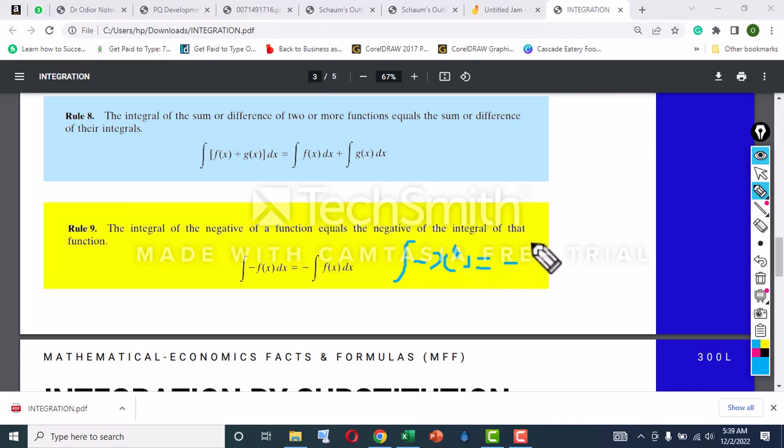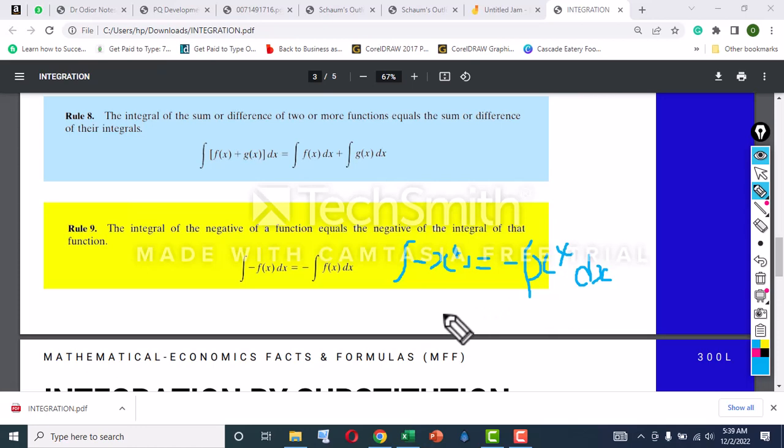Bring out this negative, then integrate your normal x raised to power 4. So just integrate that, then you are good to go. Then you put your negative back. So that's basically the rules of integration.